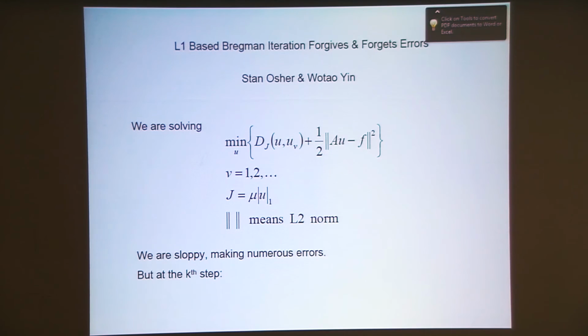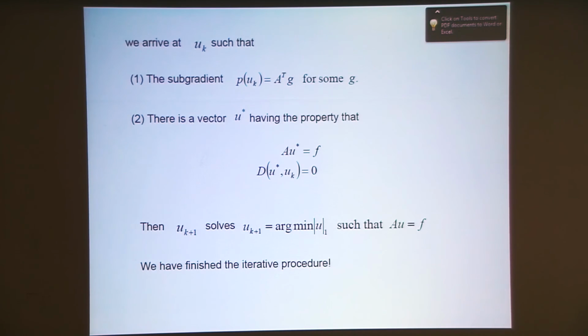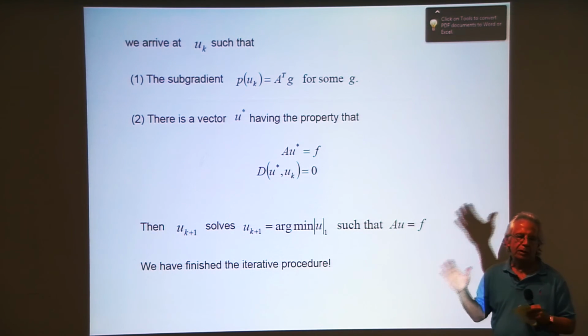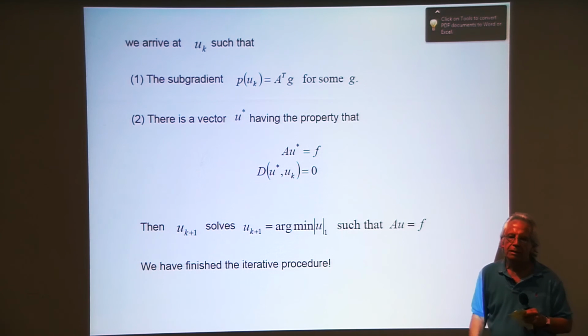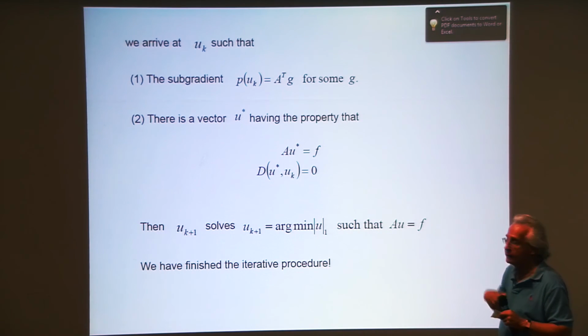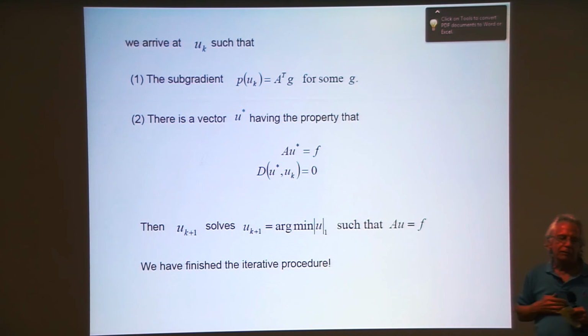But suppose at the kth step of this procedure, we arrive at a u^k such that the subgradient p, where p is the derivative of J, I haven't said that often enough, happens to lie in the range of A transpose. That's very important, and that's not completely trivial. I like to sweep that under the rug because that's a harder condition. But the second condition is something you can understand.